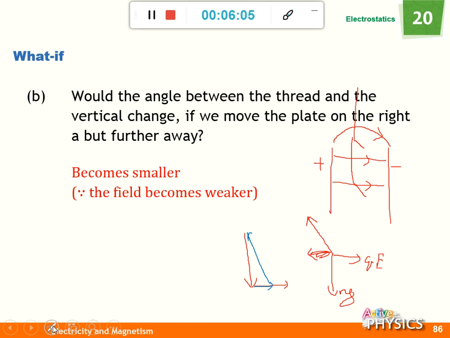The original tension should be this. Graphically, you can see that the original one should be longer than the updated one, the blue one. So the value of the tension should be smaller than before.